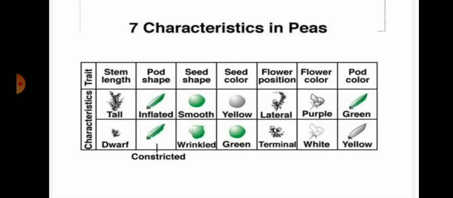Second, pod shape: inflated and constricted. Third, seed shape: smooth and wrinkled. Seed color: yellow or green. Flower position: lateral or terminal. Flower color: purple or white. Pod color: green and yellow.